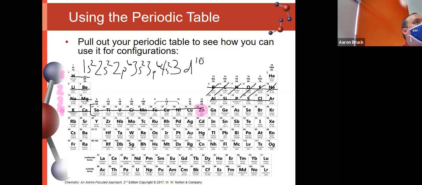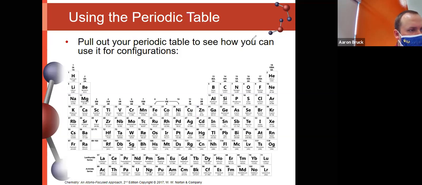The periodic table allows me to turn this into a counting contest as opposed to a memorization contest. And anytime I can turn memorization into counting, I know I'm on better footing in the end. So that was the first one, we had to do zinc.